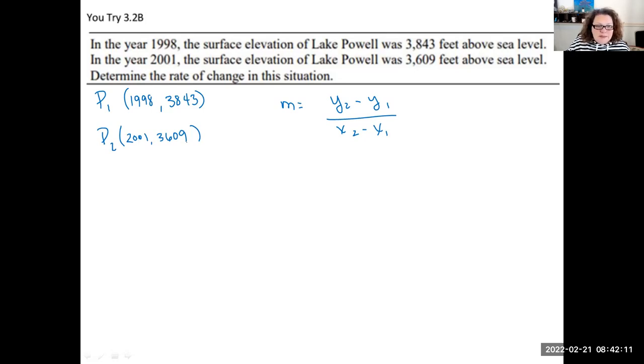So m is equal to, I need to label these, x sub 1, y sub 1, x sub 2, y sub 2. So our rate of change is, y sub 2 is 3,609 minus 3,843. Before we even start this, if you just look at this situation, they aren't telling us if it's increasing or decreasing.